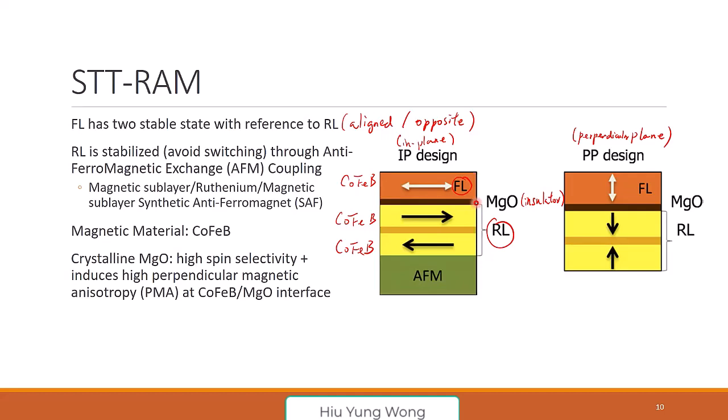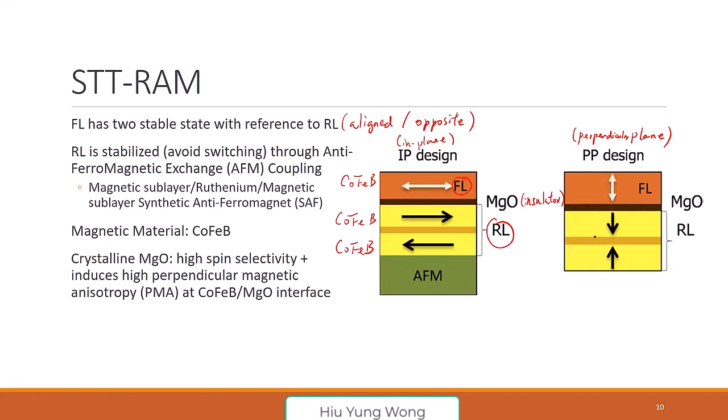But that is not good because it means that my cell density will be low. I need to keep this one very, very wide. If you use perpendicular, it basically does not depend on how wide it is. You only care about how thick it is and other stuff. So I can make this really small, right?